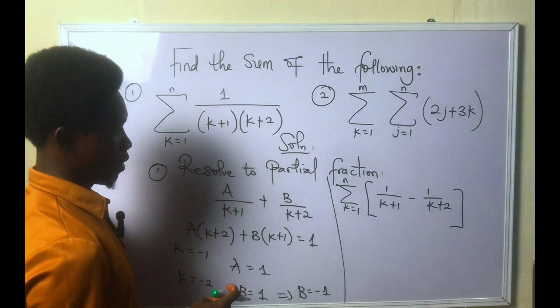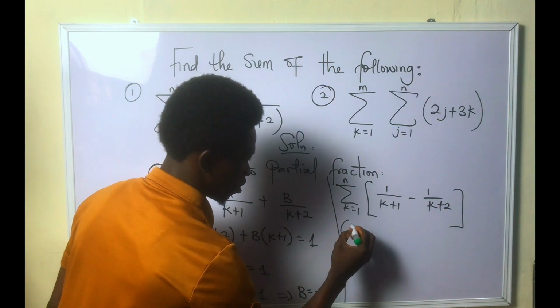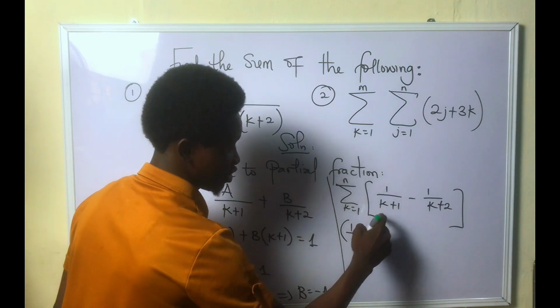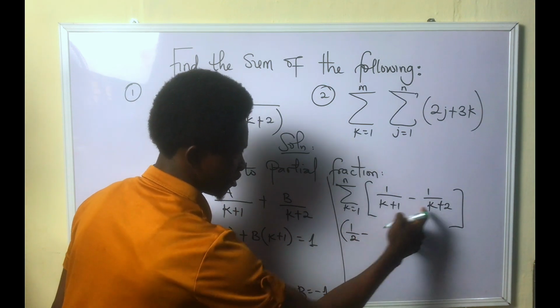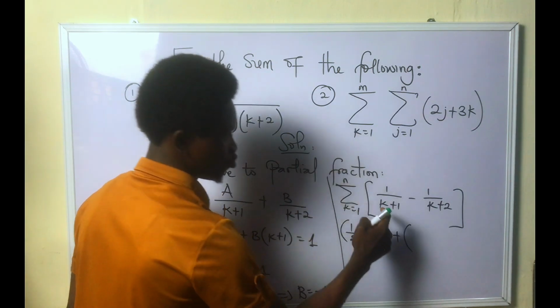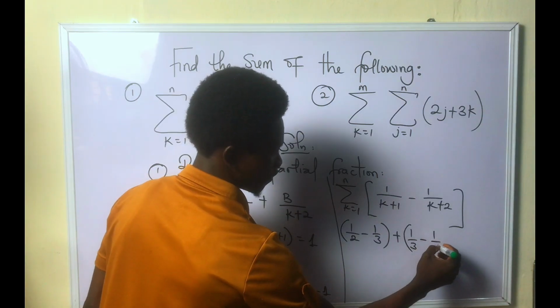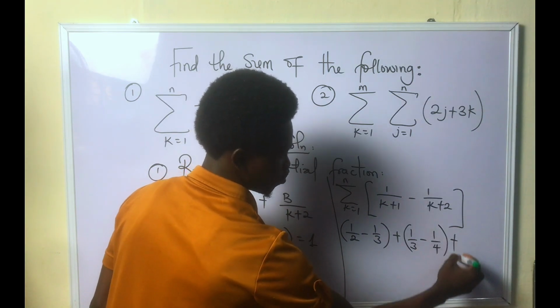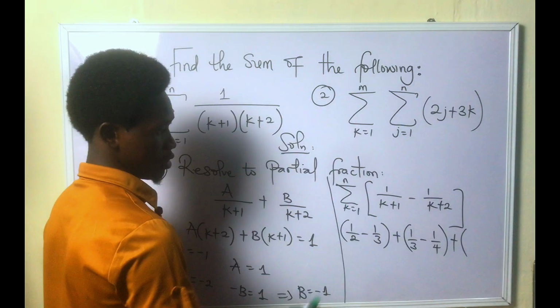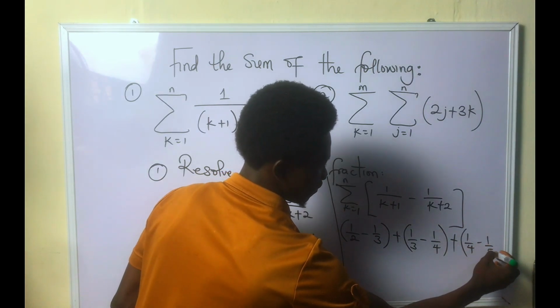If I put 1 here, that would be 1 over 2, because k is 1, minus 1 over 3. Then plus, if I put 2, that's 1 over 3 minus 1 over 4. If I put 3, that would be 1 over 4 minus 1 over 5.